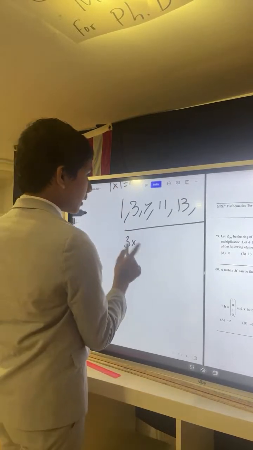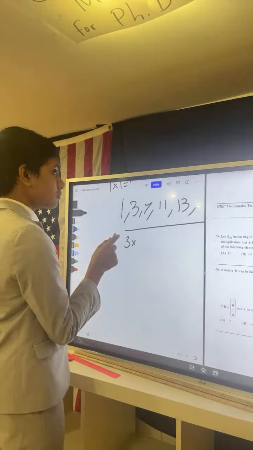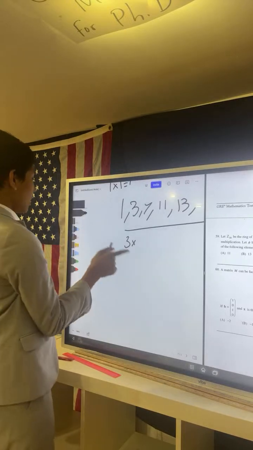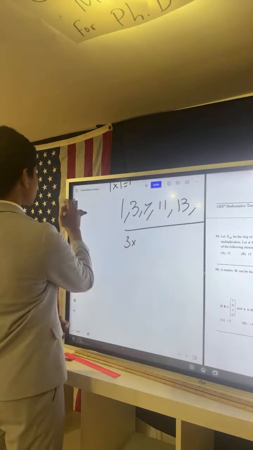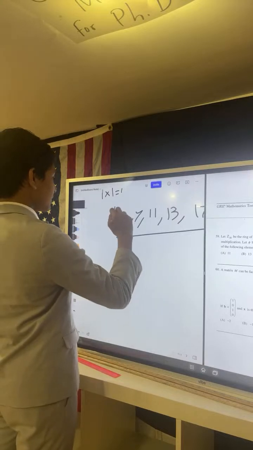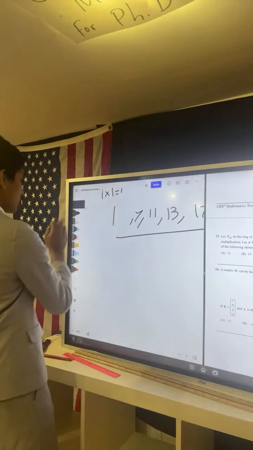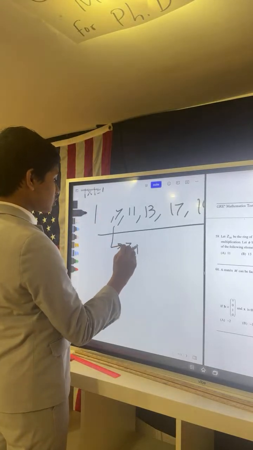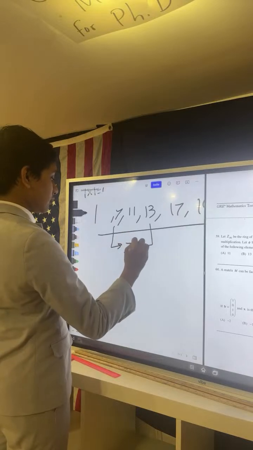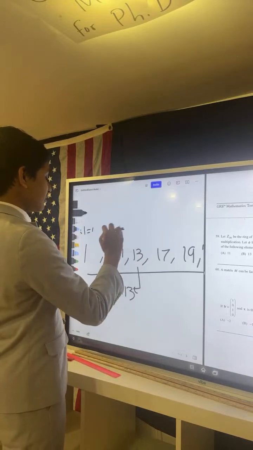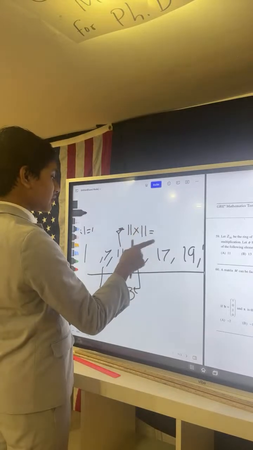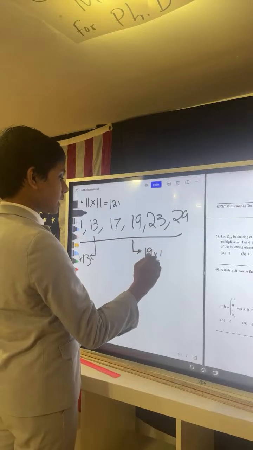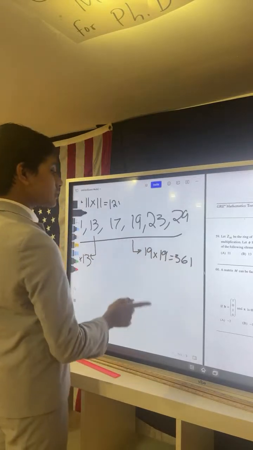3 multiplied by... Is 3 in this set? Oh, yeah, it is. Wait. Is it? No, it's not. For the same reason, 13 is in the set. 11 is in the set because 11 times 11 is 121. 19 is in the set because 19 times 19 is 361, so on and so forth.